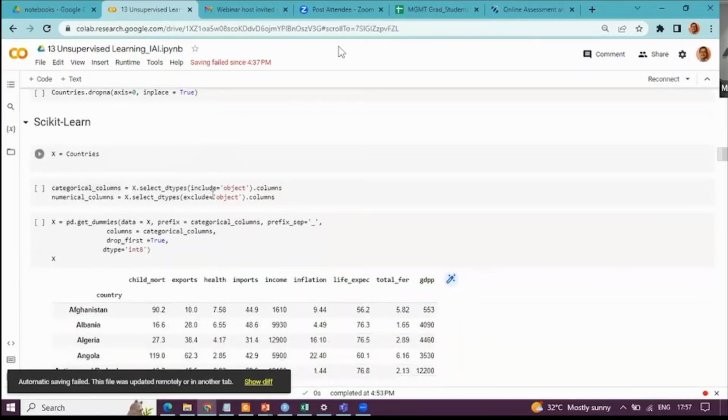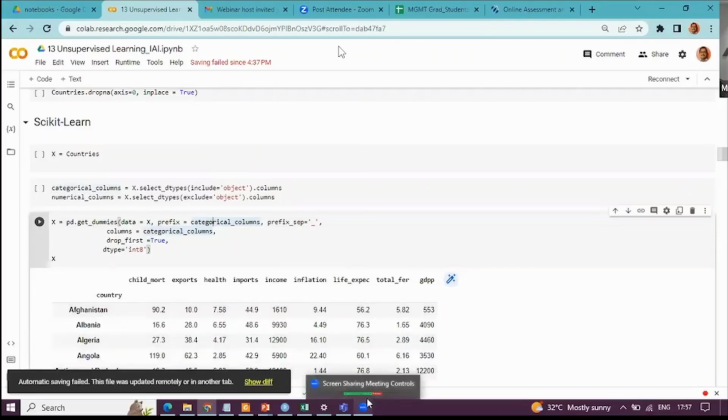Normally the first step is, if there are any categorical variables, you can convert them into dummy variables. Dummy variables are nothing but variables which take values only 0 or 1.